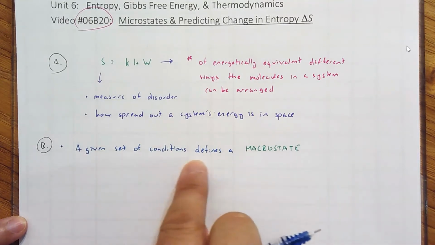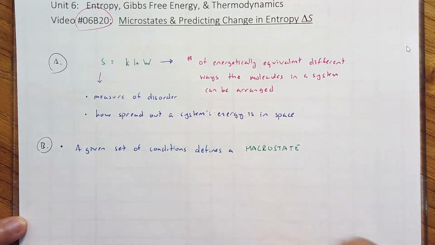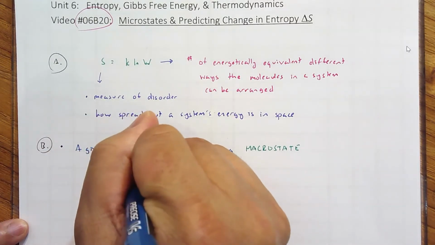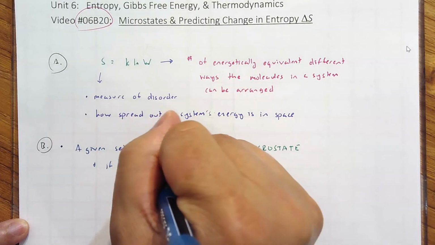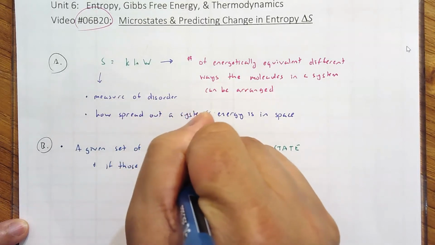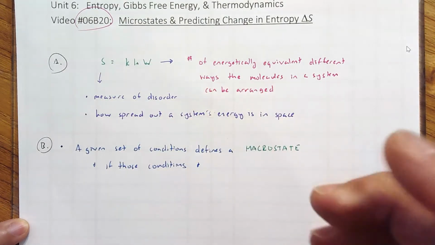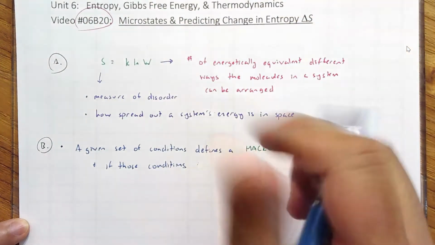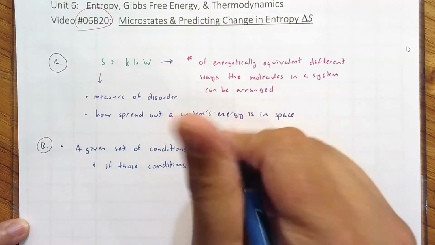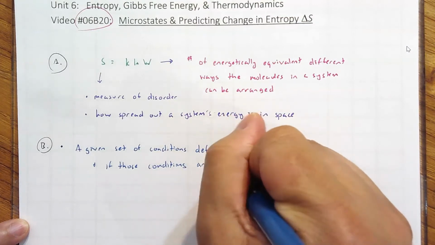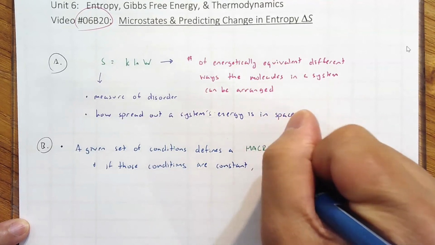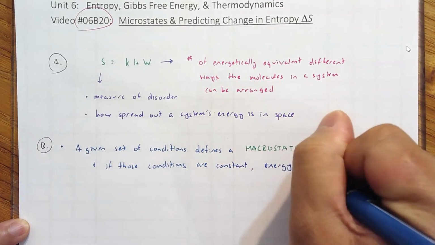A given set of conditions defines a macrostate, and if those conditions are constant, energy stays constant.